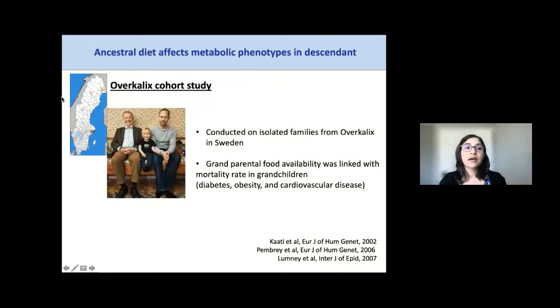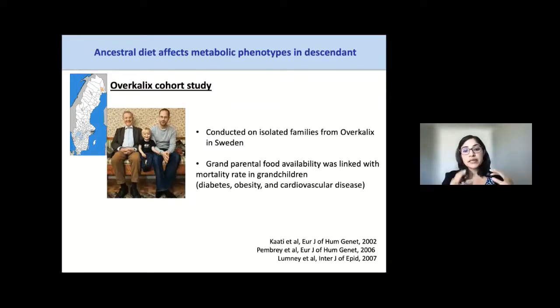This was done in 3 different generations of families in a province in Sweden known as Overkalix. Basically, these are called epidemiological studies. Of course, on humans we cannot conduct experiments for obvious reasons. So we collect as much data as is available, and then make our interpretations based on that.